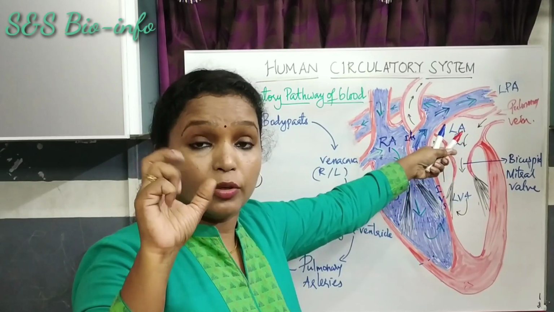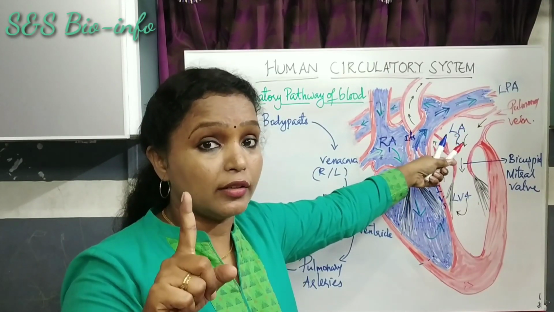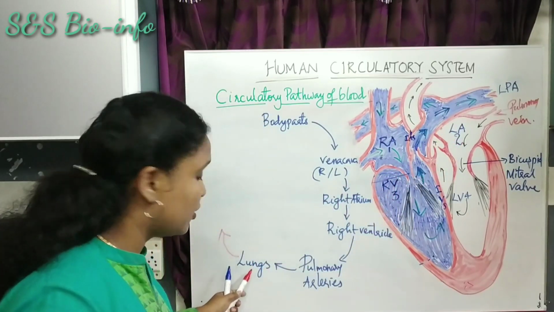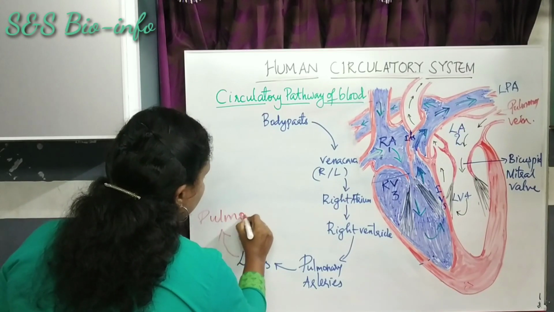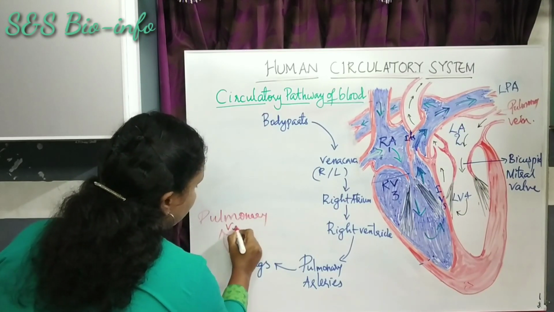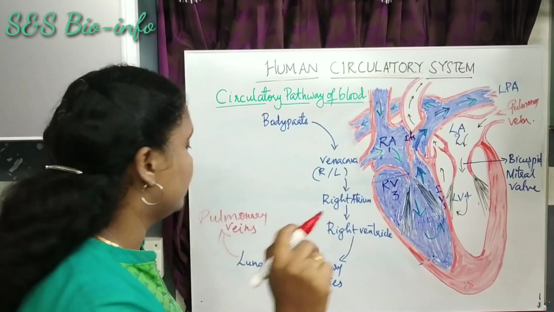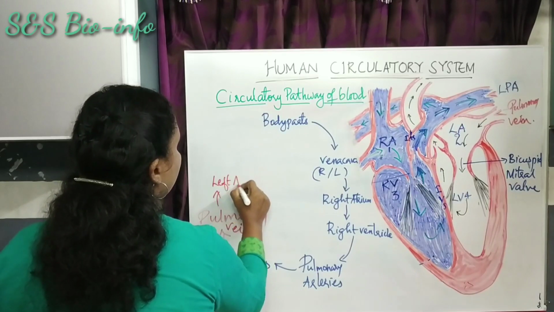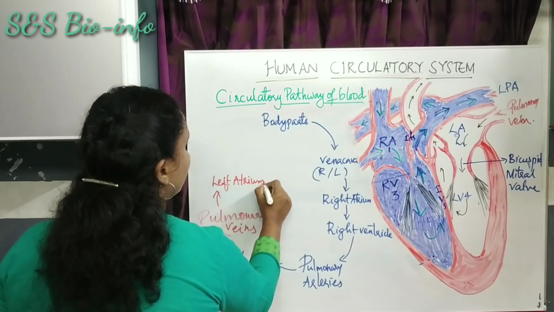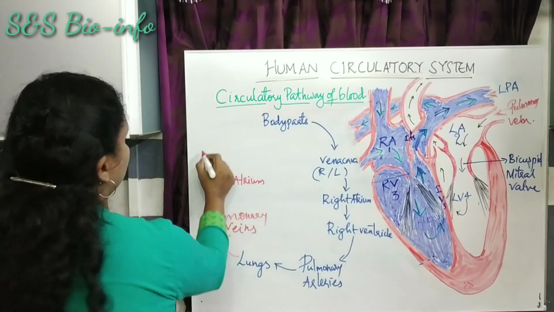So the only veins that carry pure blood are the pulmonary veins. After oxygenation in the lungs, the pulmonary veins bring pure blood to where? To the left atrium. From there it goes to the left ventricle.